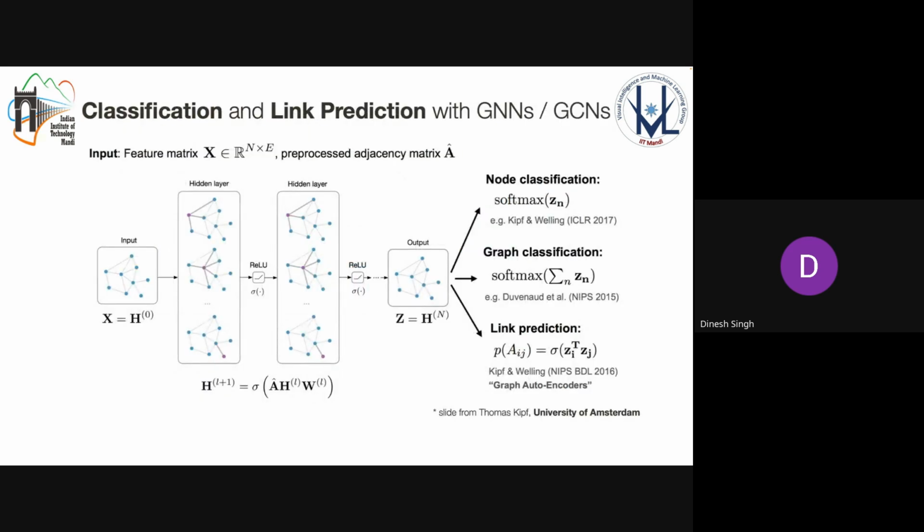So now, this single framework of graph convolution neural network actually became very popular, because whatever task we wanted to perform, we can perform.